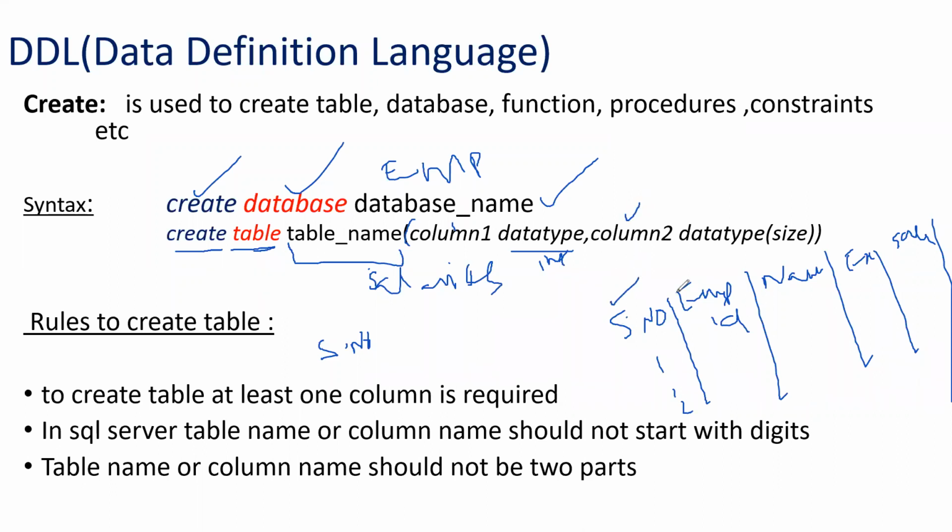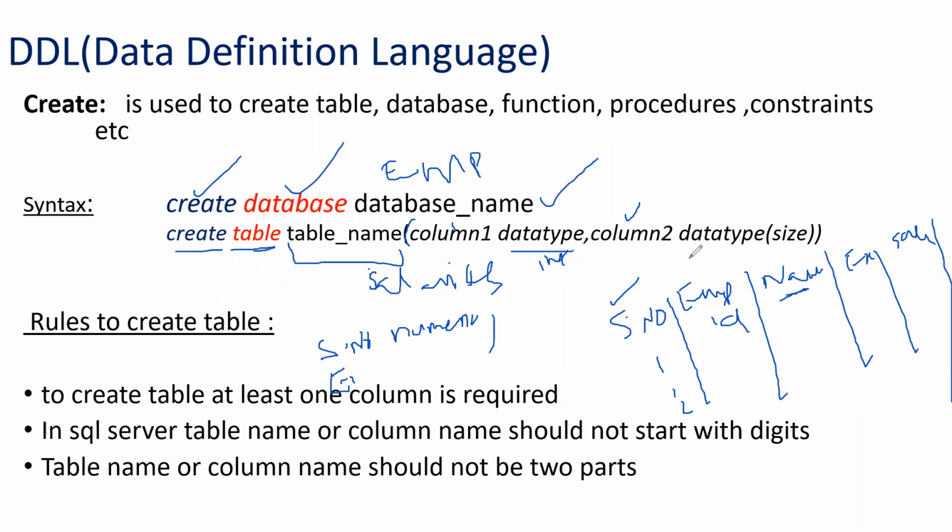Next, column 2. Column 2 is employee ID. Data type is int or numeric. Now one column is created. Employee ID is also numeric.